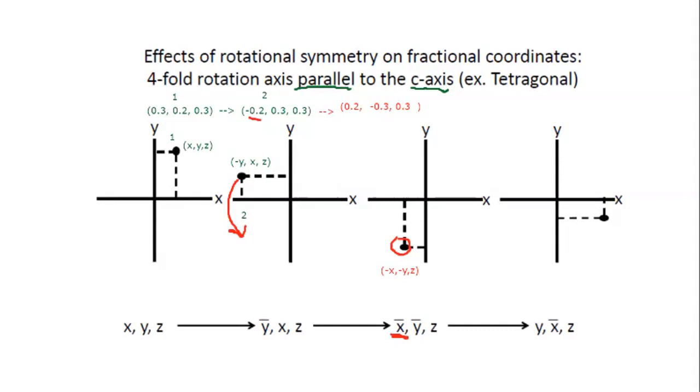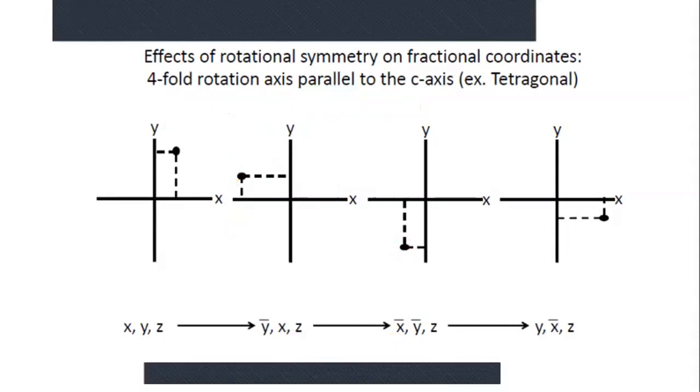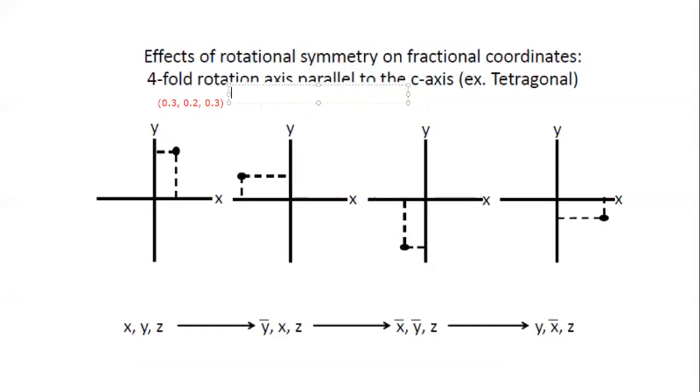Let's just start again. Our original coordinates, say, are 0.3, 0.2, 0.3. The operator that we're going to apply each time is negative y, x, z.